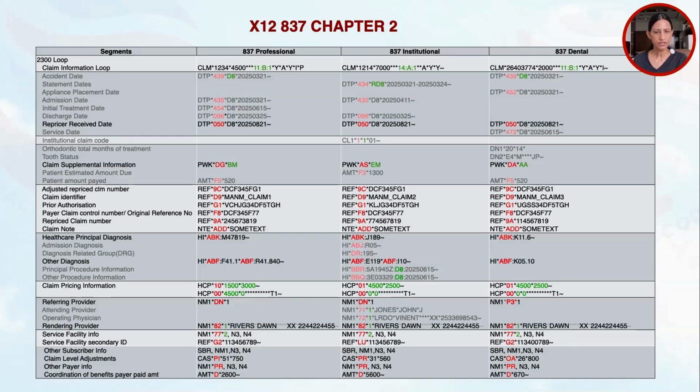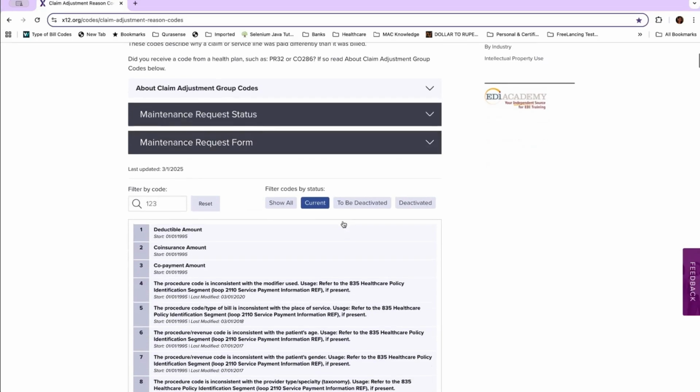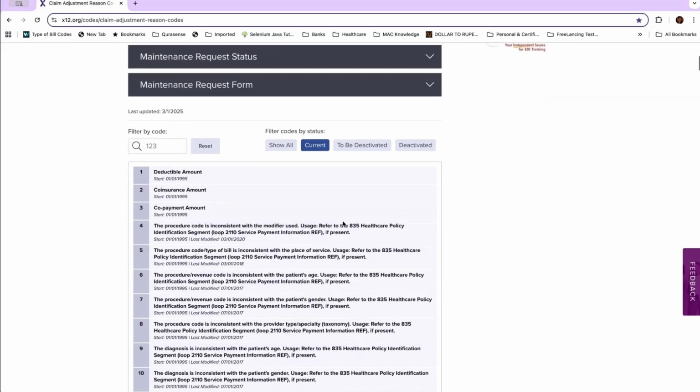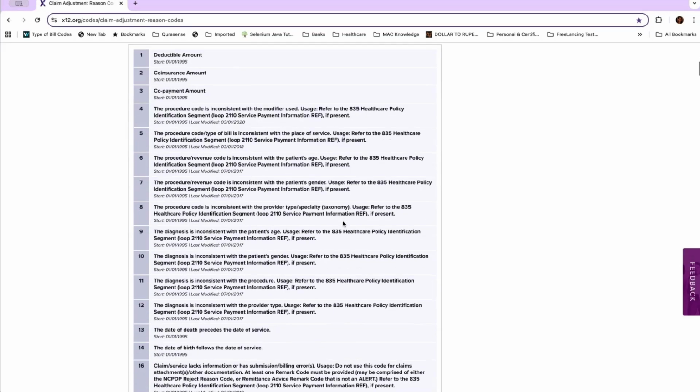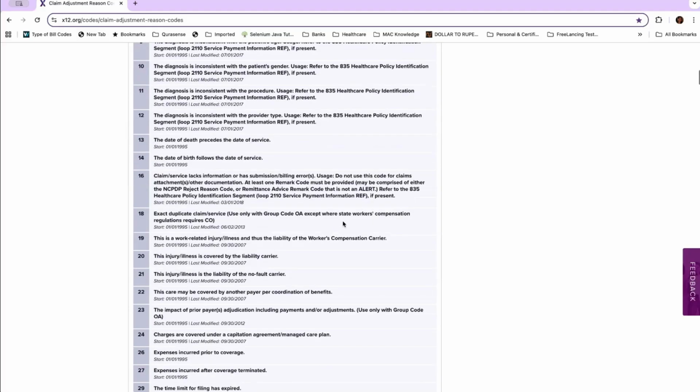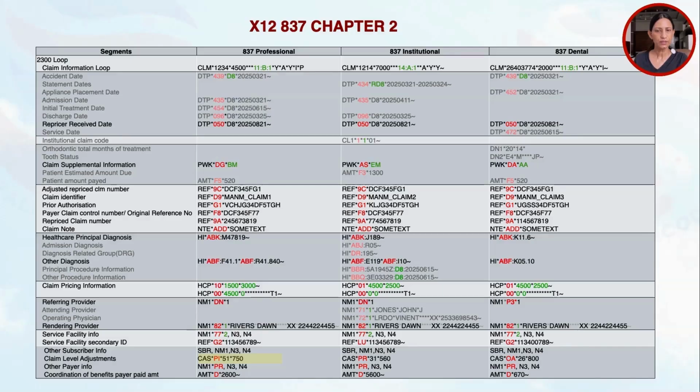There's a reason for adjustment also that's mentioned in CAS. The adjustment reason can be any of these values that you see here. This I'm showing from the x12.org page. We can use CAS PI 51 or CAS PR 31, or we can also use CAS OA 26.